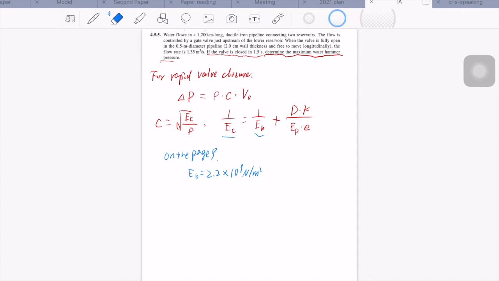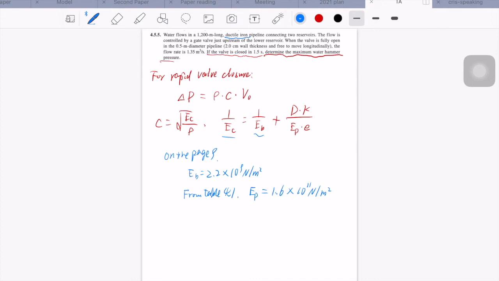And because we know this is a ductile iron pipe, from table 4.1 we know that the EP equals 1.6 times 10 to the power of 11 Newton per square meter.